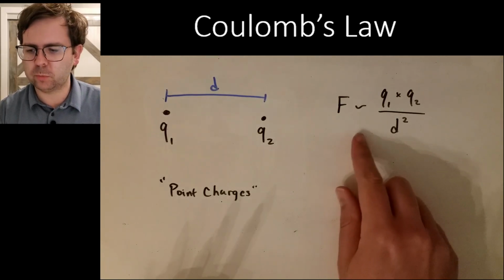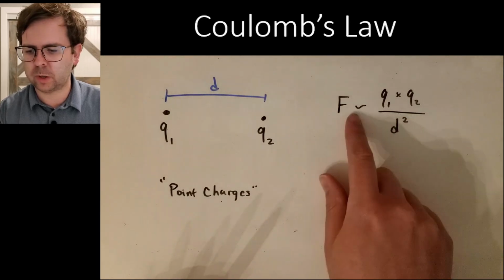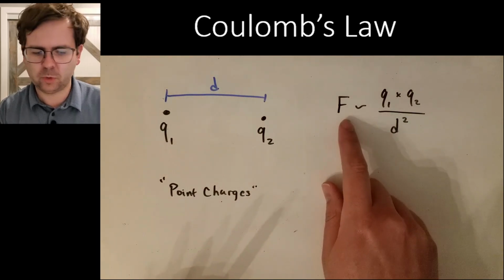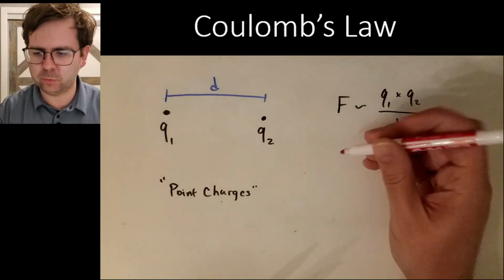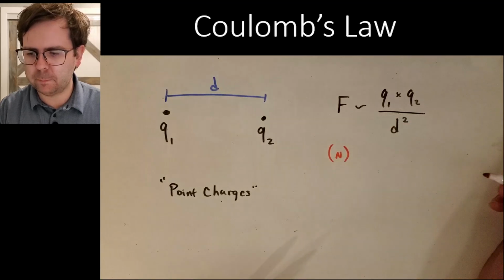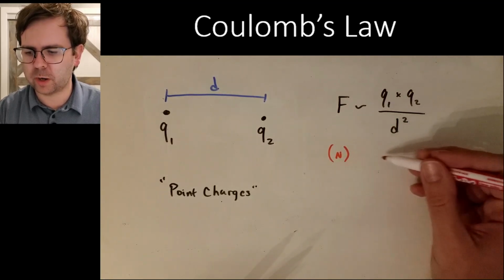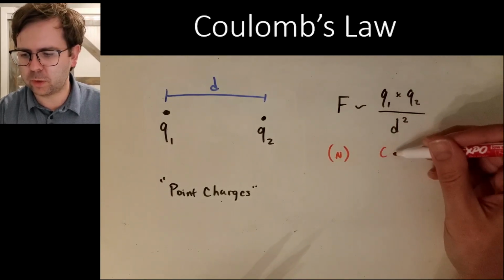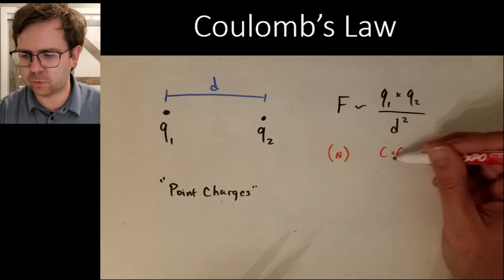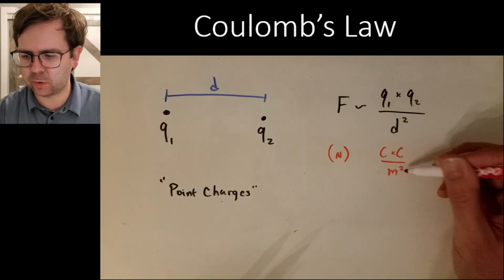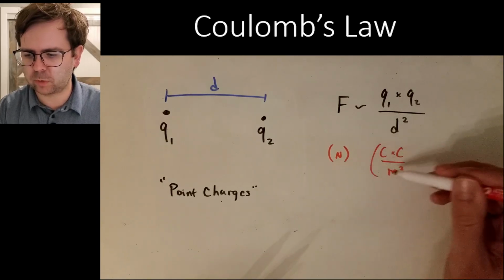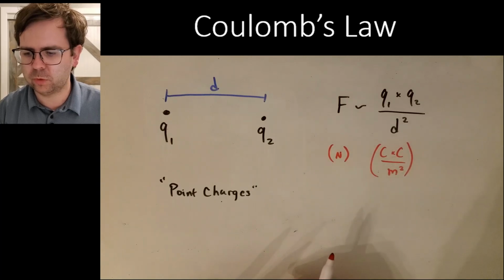Now, whenever you do this, I don't have an equal sign here because force is always measured in newtons. But these units over here are not newtons. They are coulombs times coulombs divided by meters squared. That doesn't have anywhere close to newtons.